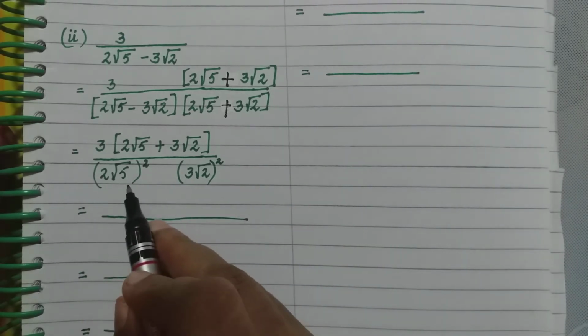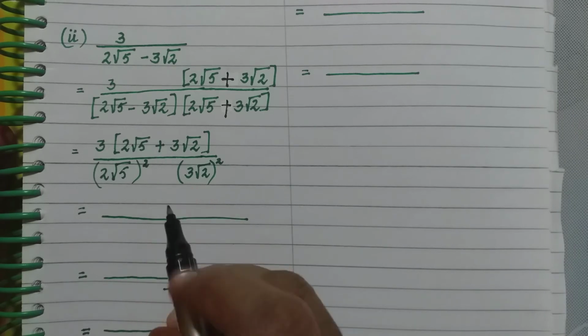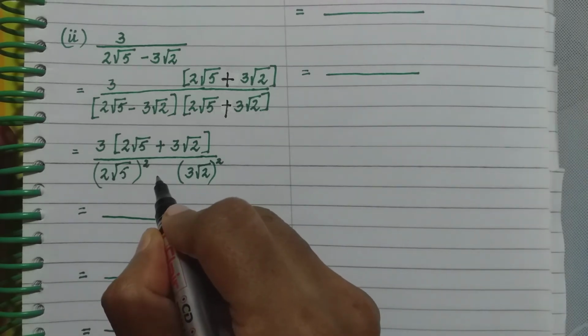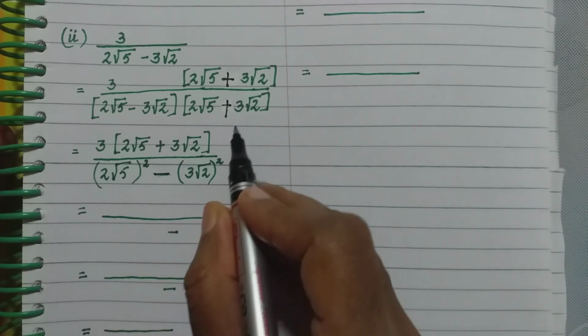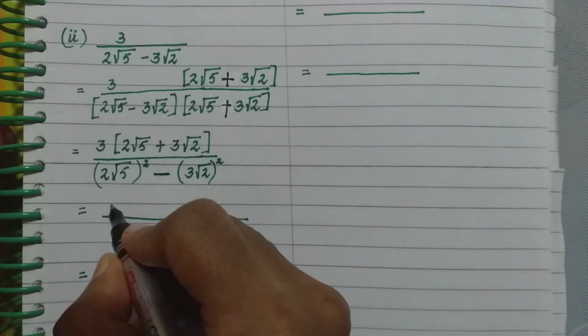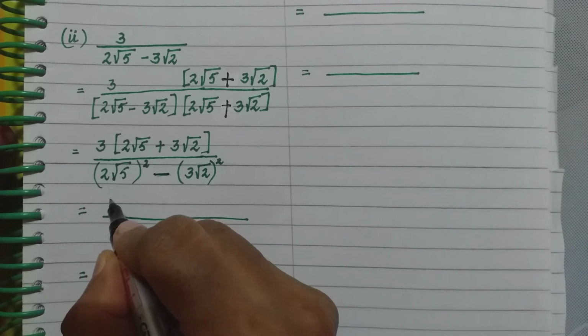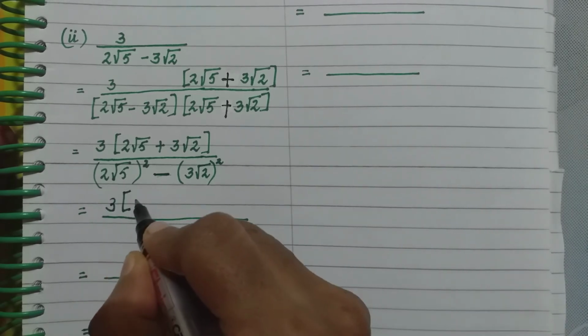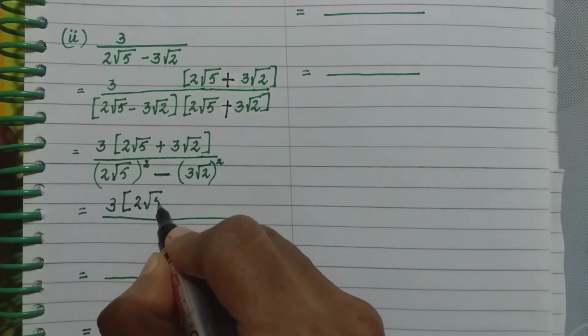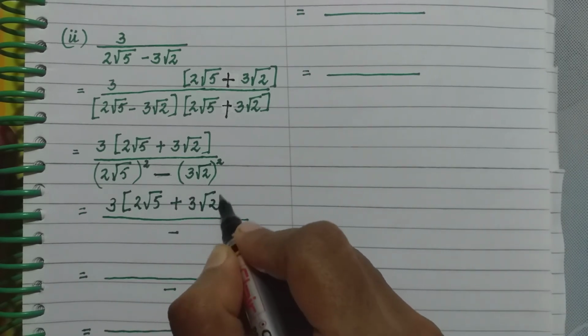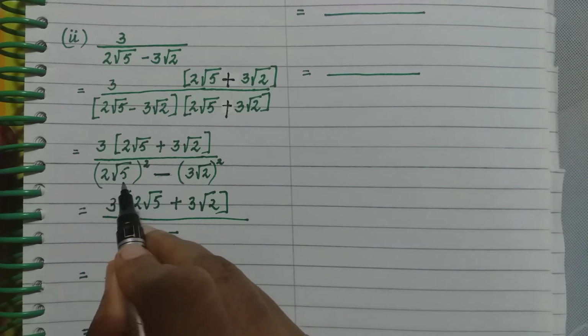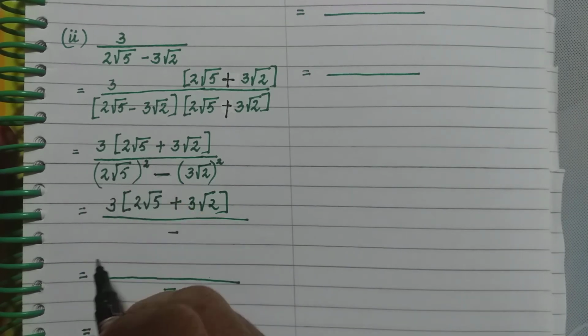So this will be 2 root 5 the whole square minus 3 root 2 square. Numerator remains as it is. So 3 into 2 root 5 plus 3 root 2. Denominator is 2 root 5 the whole square minus 3 root 2 the whole square.